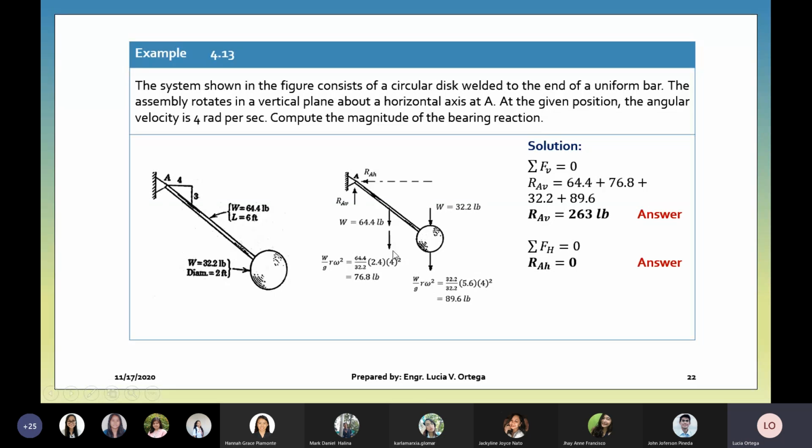On this position, definitely, the inertia forces are directed downward, away from this axis of rotation. Then, after you solve for the inertia forces, you can directly apply the equilibrium equations.